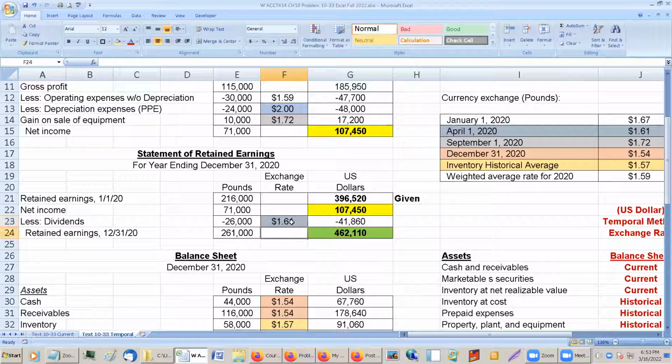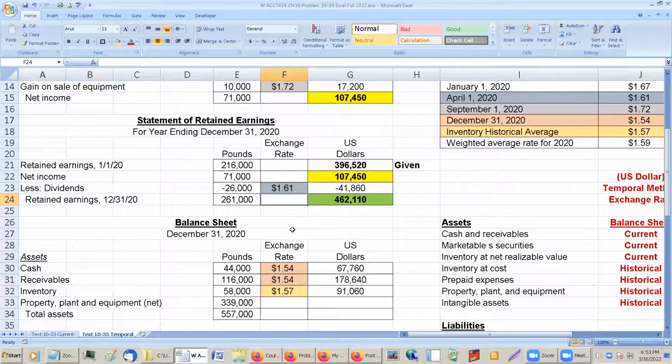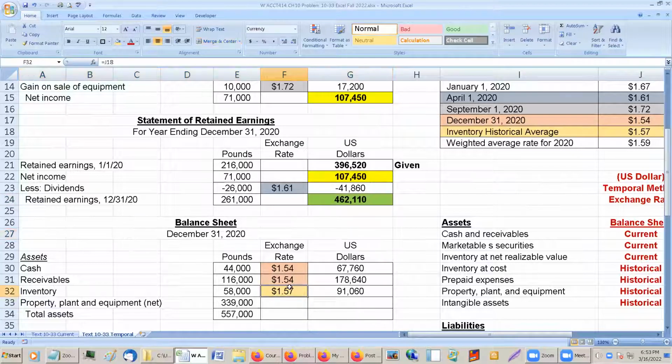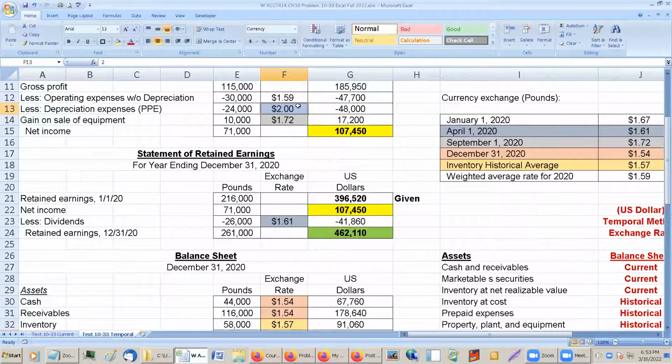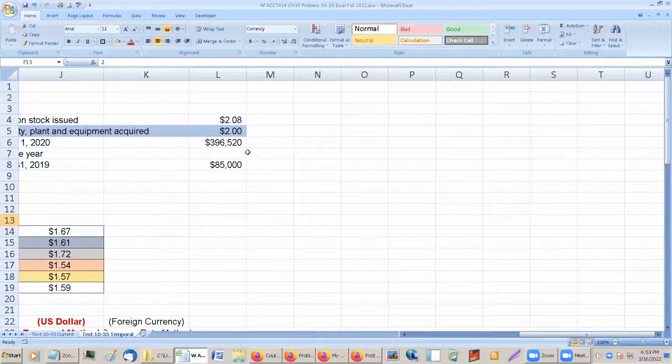What's the rate? We actually talked about it a little earlier. So 157 too? It's going to be the $2. Oh, that's right.